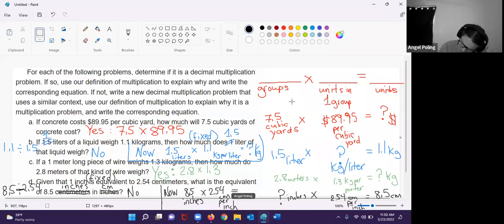And we would then be asking for the amount of centimeters. So we've used the definition of multiplication to identify when we had decimal multiplication and when we didn't.